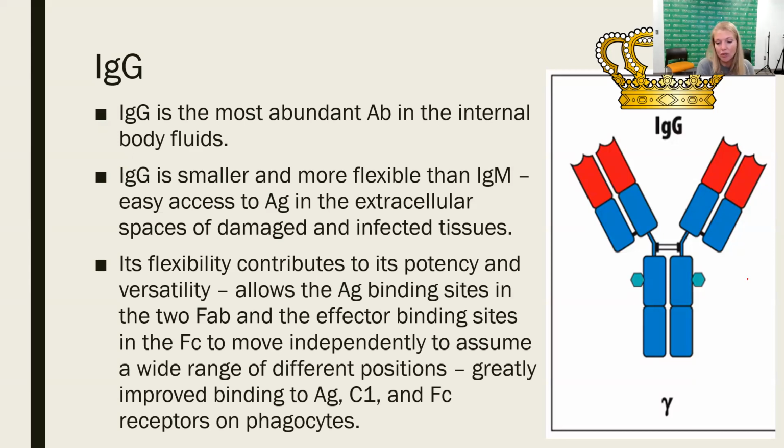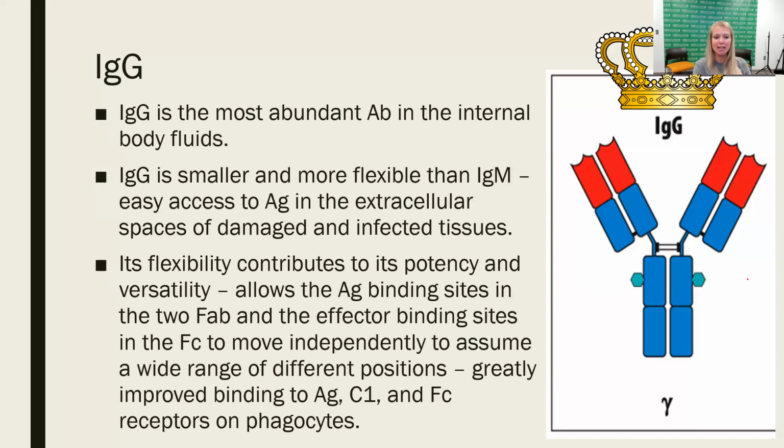It's pretty small in comparison to the other antibodies because it is only in monomeric form, and it only has 3 constant regions of that heavy chain, and it's pretty flexible, so it can get really anywhere. It's one of the antibodies that is able to get across the placenta, and so baby has mom's IgG circulating when it's developing.